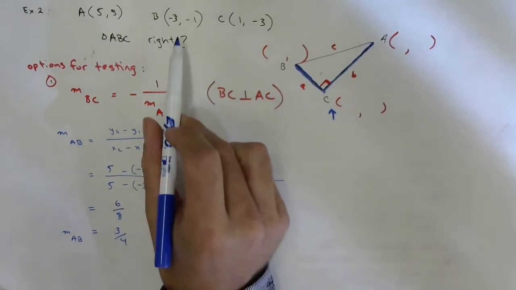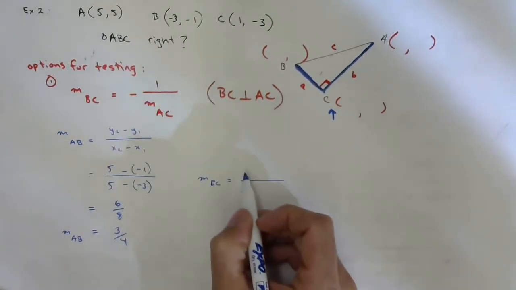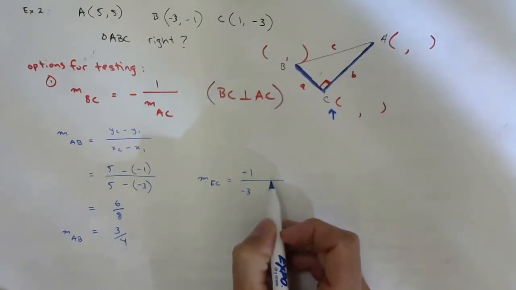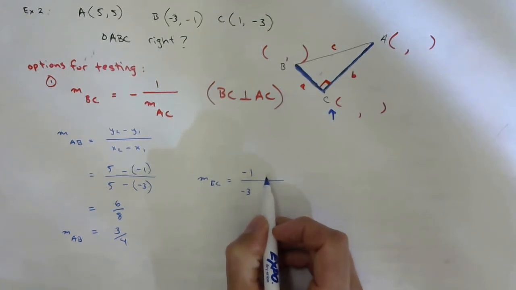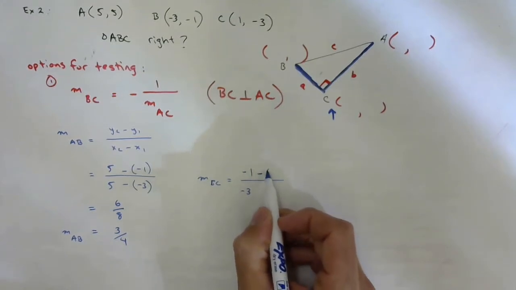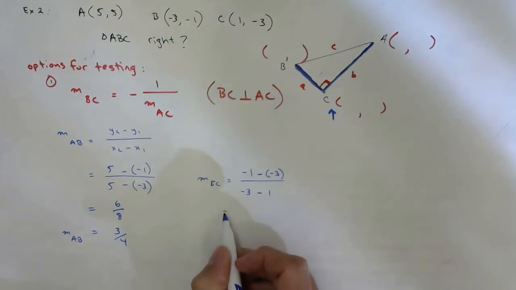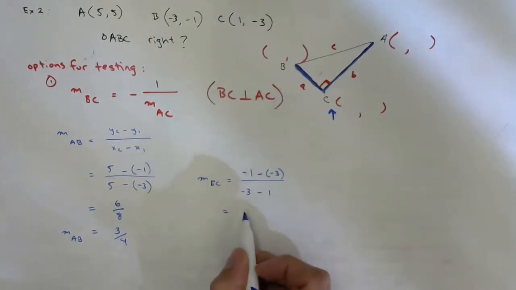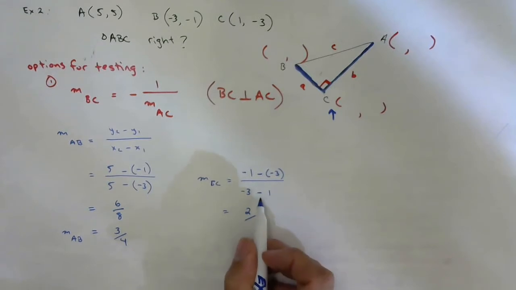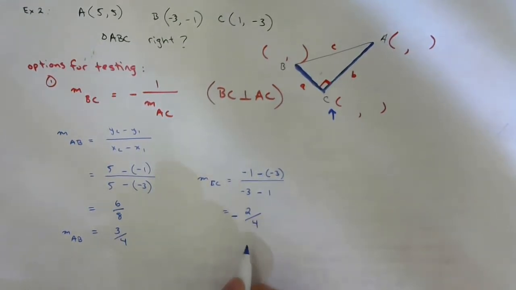Let's go with -3 in the denominator as my x coordinate, -1 in the numerator as my y coordinate, and then I've got my coordinates from C. So in the top I have -3, and in the denominator I have -1. -1 plus 3 is 2. -3 minus 1 is -4, and I'm going to put that negative sign out front right away because I know I have one negative factor here. And that gives me -1/2.